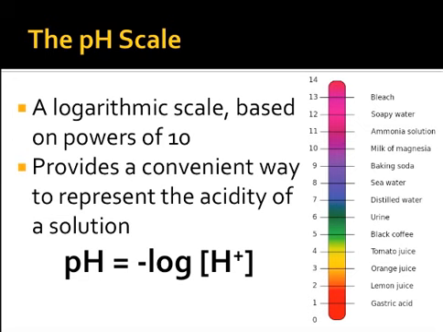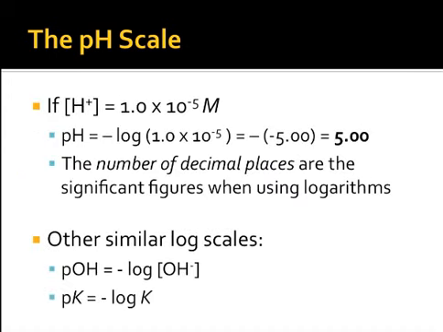pH is calculated by taking the negative base 10 log of the hydrogen ion concentration. For example, if a solution has an H plus concentration of 1.0 times 10 to the negative fifth molar, its pH is found by taking the negative log of that concentration. In this case, the pH is 5.00.